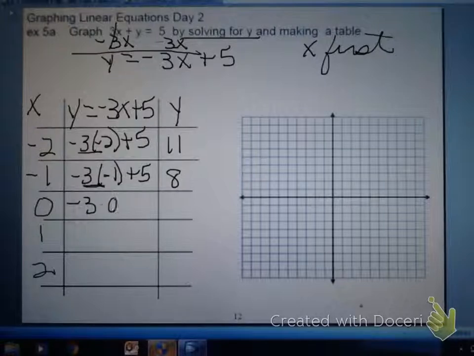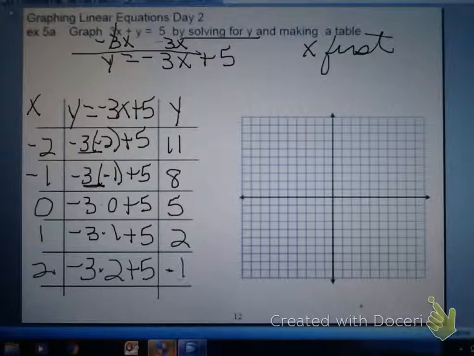Negative 3 times 0 is 0, plus 5 is 5. Negative 3 times 1 is a negative 3, plus 5 is a positive 2. You've got these positive and negative signs. And negative 3 times 2 is a negative 6, plus 5 is a negative 1.